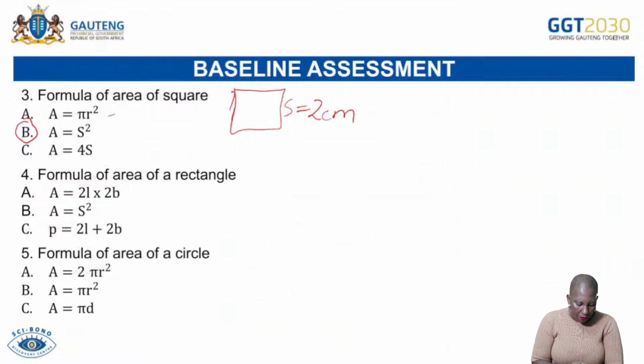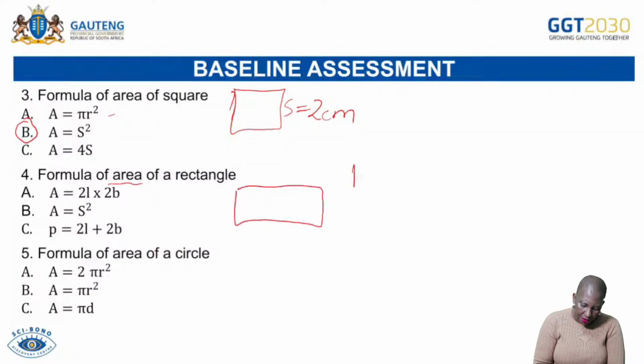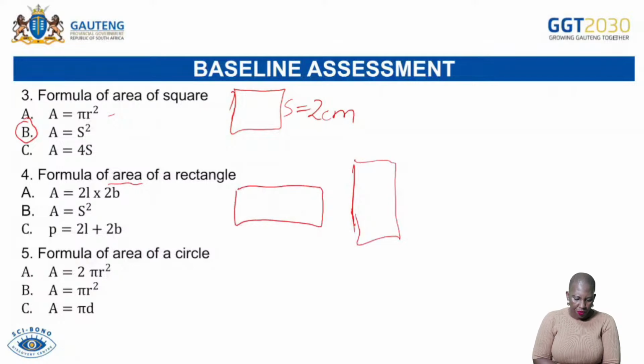And then we go to number 4. Formula of area of a rectangle. Again, here is our rectangle. And remember, sometimes our rectangle could be standing like this. It doesn't mean that it will always be like this shape, but we know that this is the longest side and this is the shorter side. Here, this will be my shorter side, and this one will be my longest side.